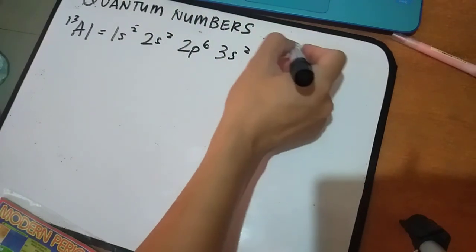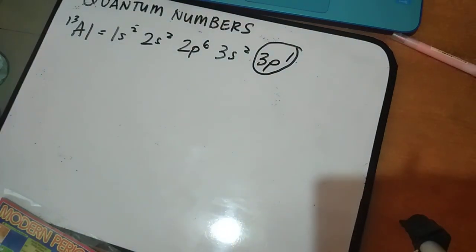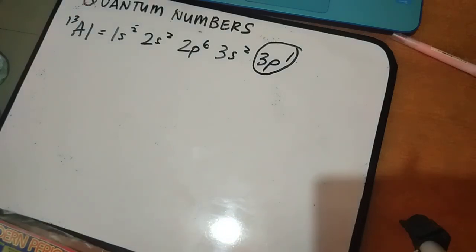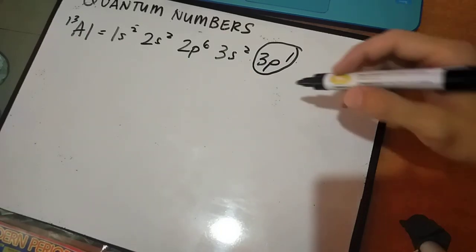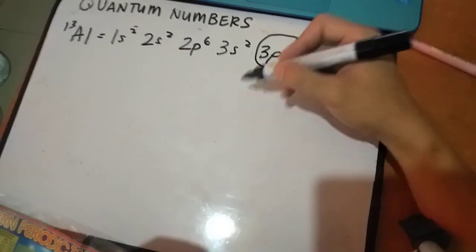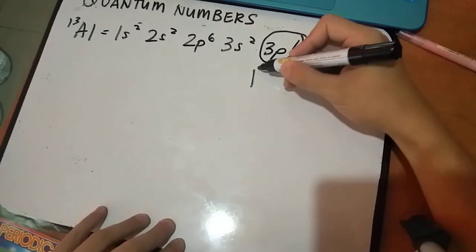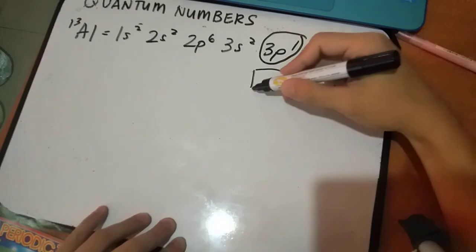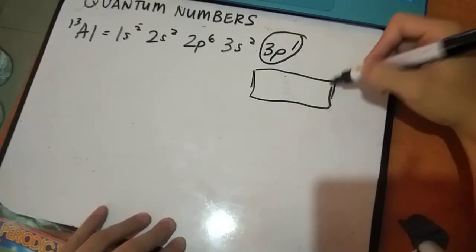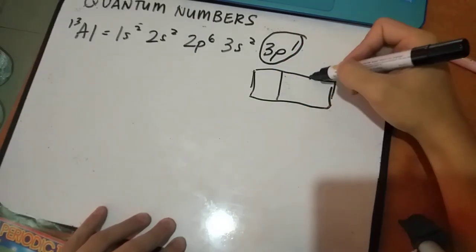So, ito lang. Para malaman natin yung quantum numbers. Okay? That is the shortcut method that I do. So, what do I do next? I would draw the boxes. So, P, ilang box? Tatlo. 1, 3.